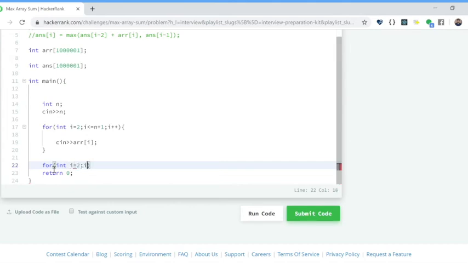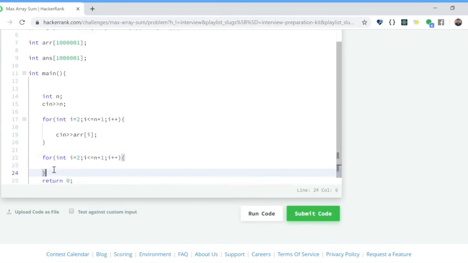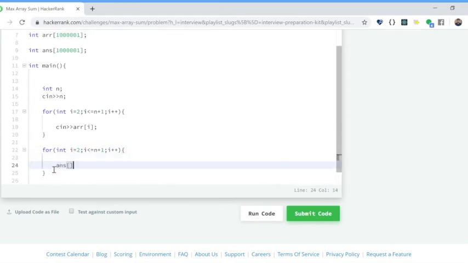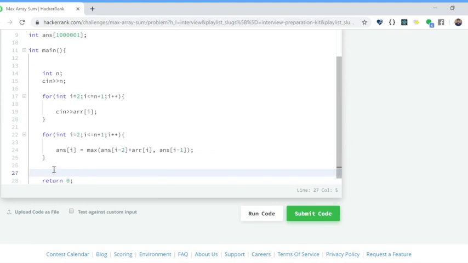So starting from the 2nd index until the n plus 1th index, what I can do here is just implement the recurrence relation, which is ans of I is max of ans of I minus 2 plus arr of I, comma ans of I minus 1, and just simply print the answer at my last index, which is ans of n plus 1.